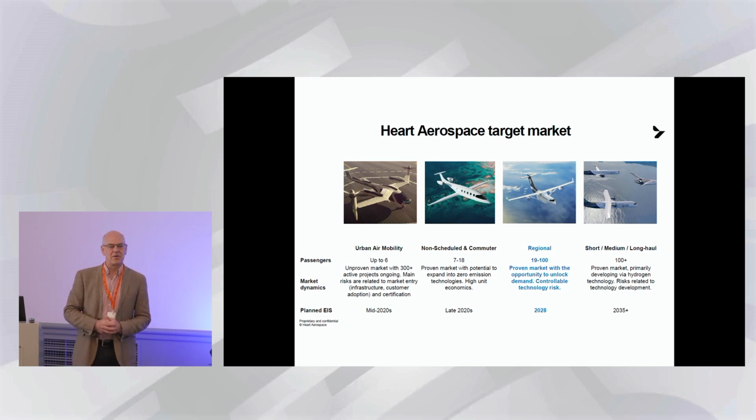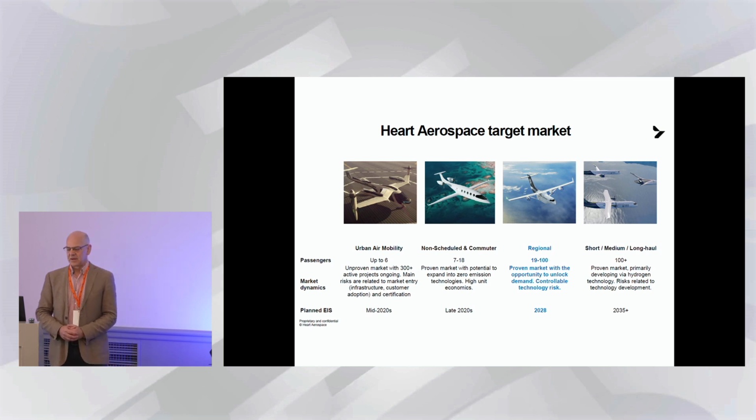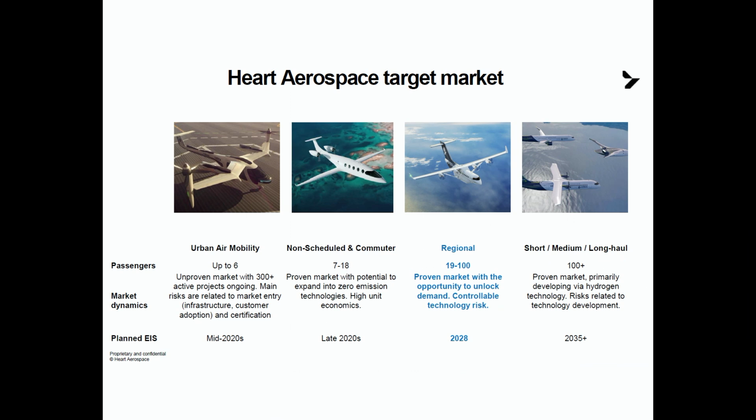But talking about why we do this, an electric aircraft for a 30-seater, we are focusing on the regional area here. There are other areas where electric aviation is taking place. Urban air mobility has many active projects around the world.